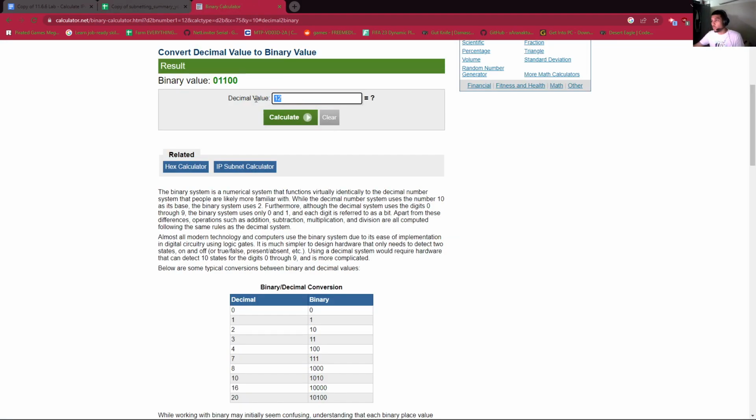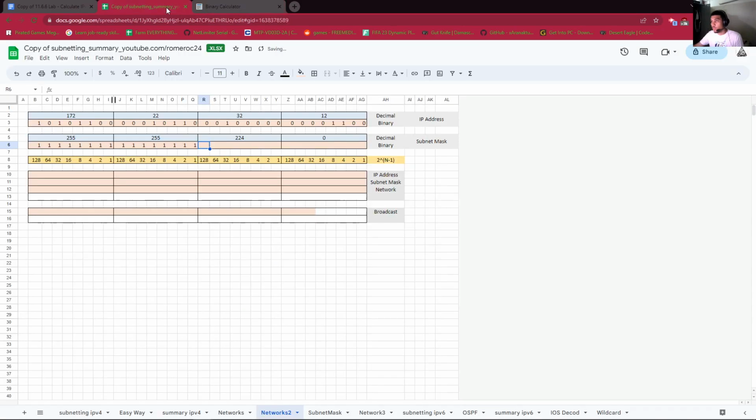For the 224, we get 11100000, and 0 is all 0s. Okay, so next we copy this binary of the subnet mask and put it right here.